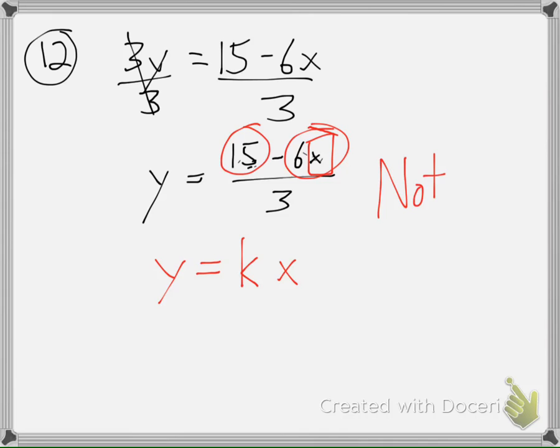There's my x. Am I multiplying it by just one number? No, I'm multiplying it by 6 and subtracting that from 15 and dividing by 3. So is that direct variation? No. So there's not a direct relationship. It's not y equals just this number times x. It's y equals 15 minus this number times x, divided by 3. So not direct variation.